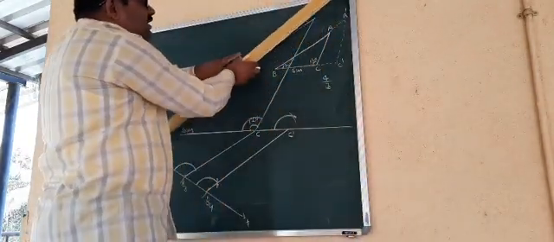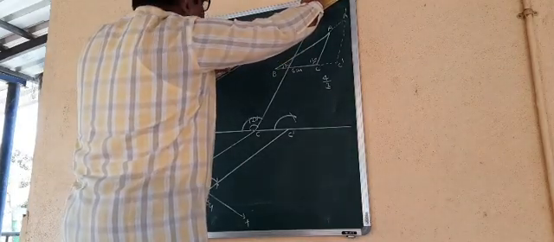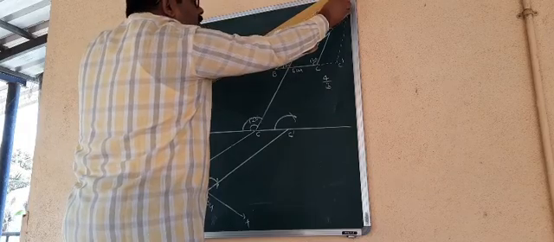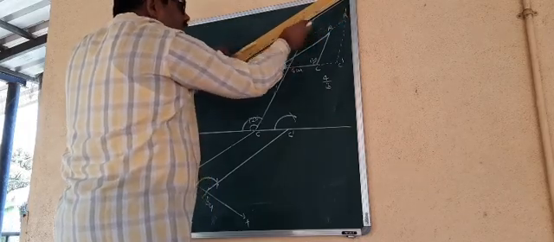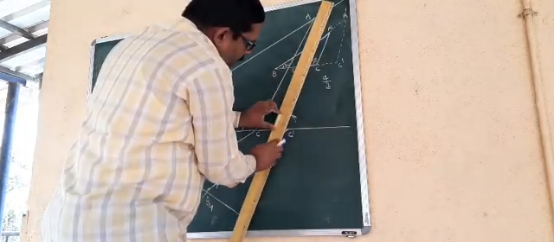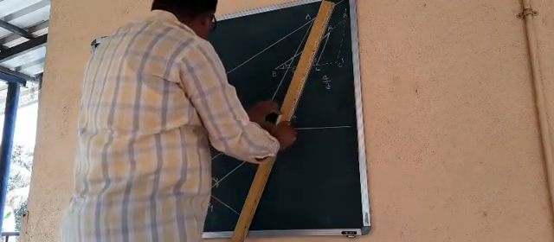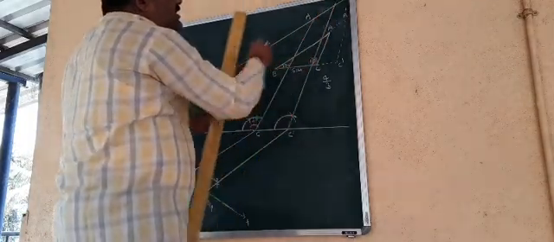Now extend this BA and by joining this point, which cuts the extended part of BA at A dash.